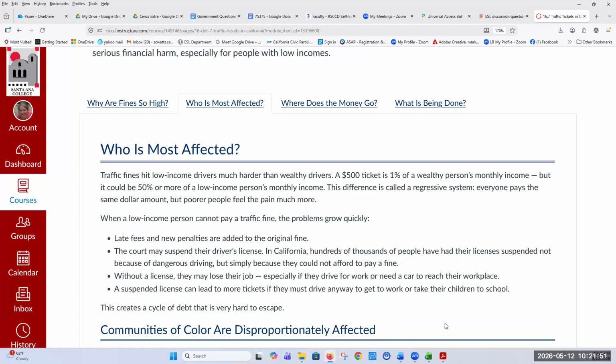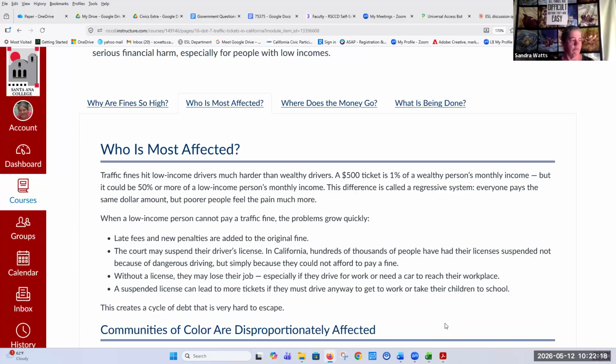This difference is called a regressive system. Everyone pays the same dollar amount, but poorer people feel the pain much more. When a low income person cannot pay a traffic fine, the problems grow quickly.